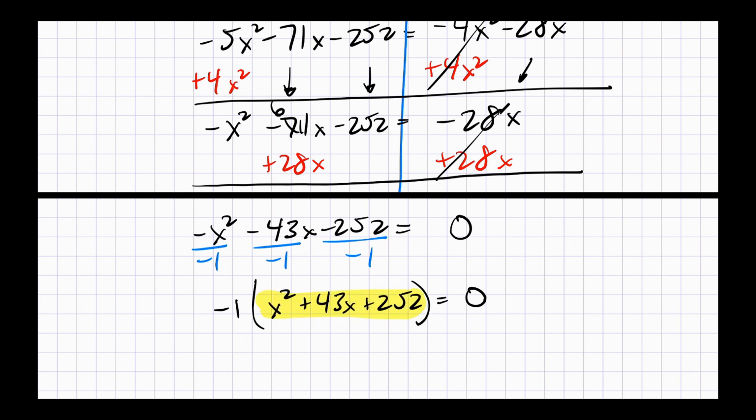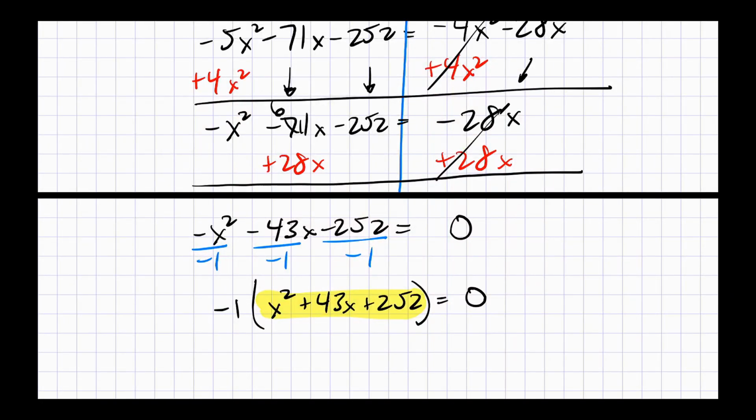Those are still big numbers, and I don't have another GCF to factor out, right? Well, if you're in class and you look over my shoulder here, I did this last block. So I came up with the numbers that multiply to be 252: 63 and 4, 42 and 6, 28 and 9, 21 and 12, and 7 and 36.